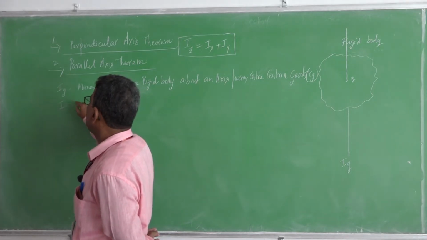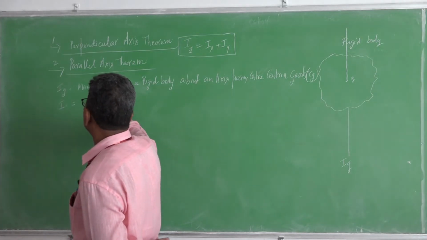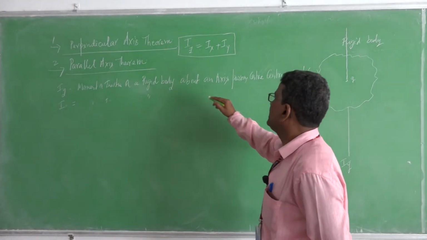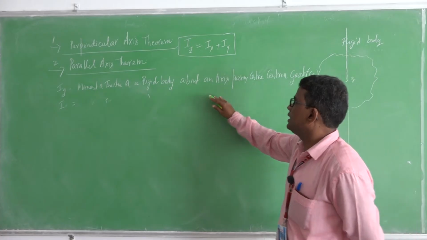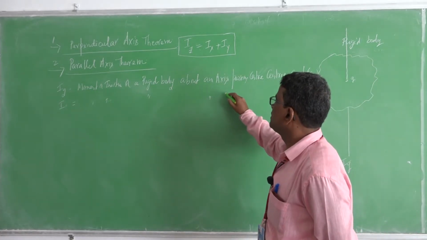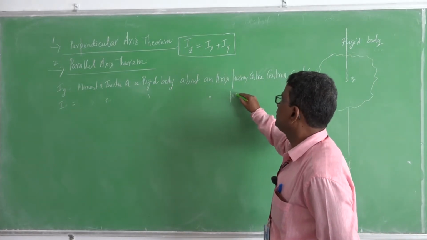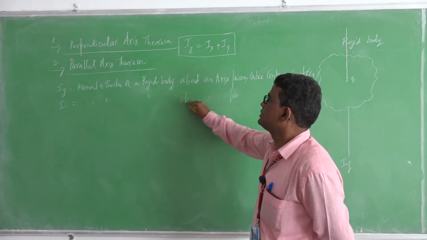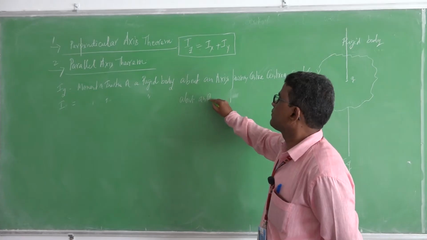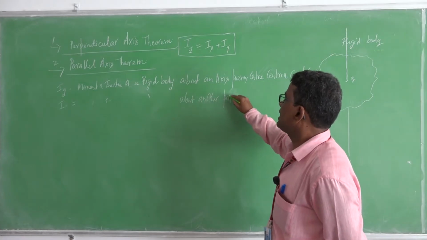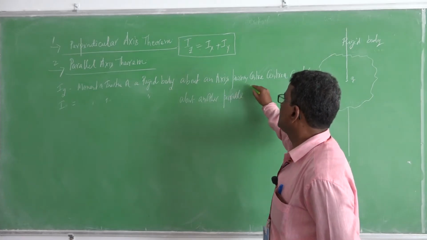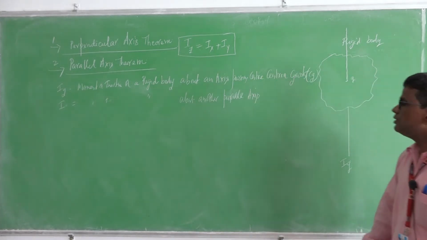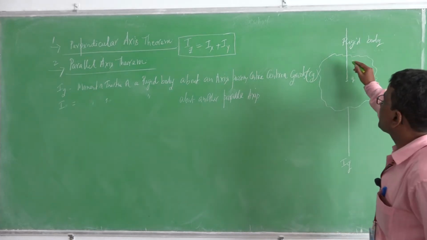So what is I? The moment of inertia of the same rigid body about another parallel axis.